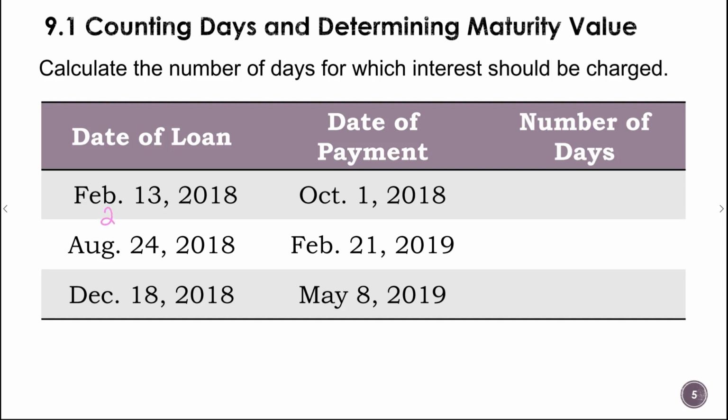February is the 2nd month, so it would be 2.1318. October is the 10th month, so 10.0118. Remember that you have to put in a decimal point. You need 2 digits for your day and 2 digits for your year. And then this would be your DT1, and this one is DT2. So that's basically date, beginning date, ending date.